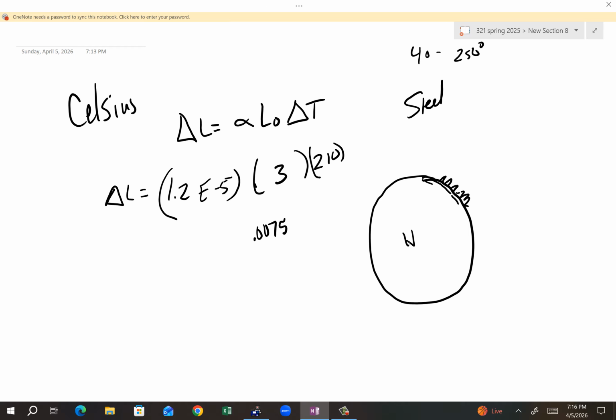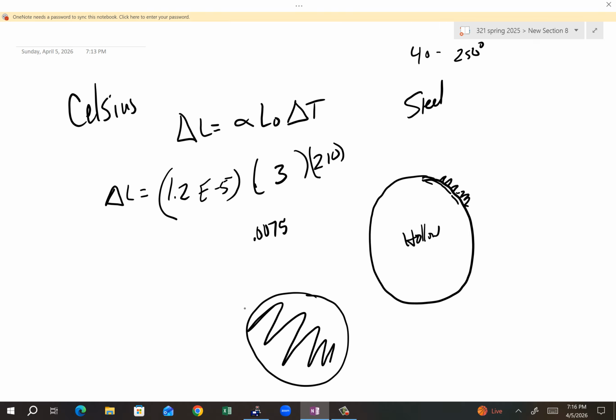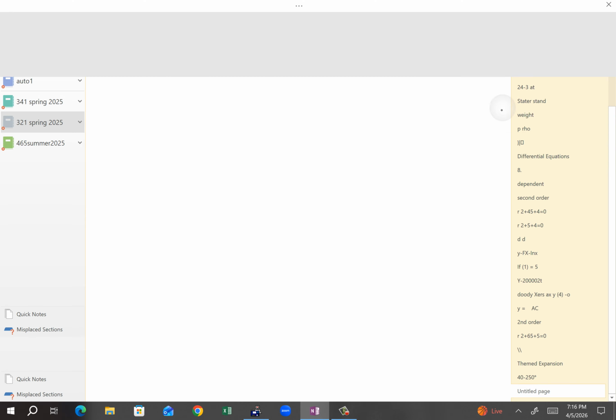This all in here is hollow, and it has to fit over this piece, which is solid. This has to fit on the outside of that. So you heat this up with a torch and then sit it on top there and it drops right on because it expands. And 7 millimeters is not nothing. It's quite a bit actually. Well, it wouldn't have been quite that much for that particular one.